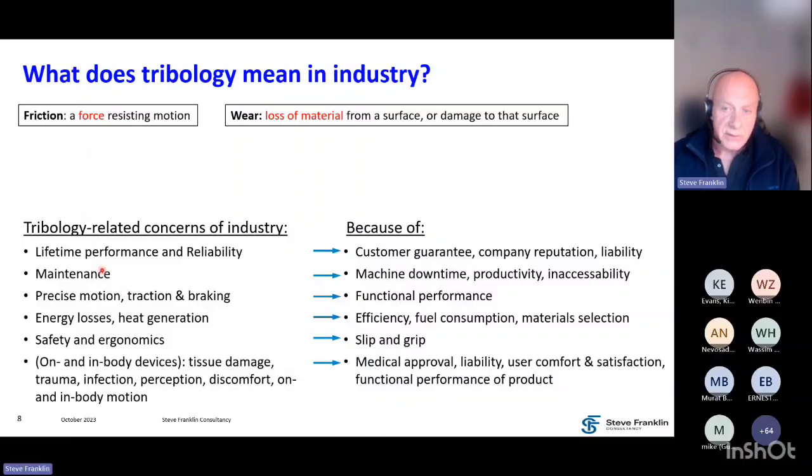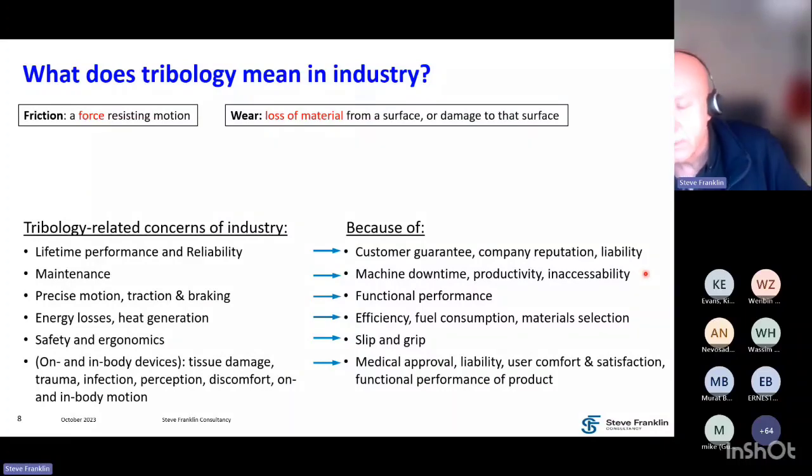They talk about maintenance, because that's important for the downtime of machines or productivity. It can also be important because in certain applications it's very difficult to carry out maintenance. Think, for example, about wind turbines in the North Sea, very inaccessible, and it's rather difficult to carry out maintenance. So these sorts of things are the concerns of industry.